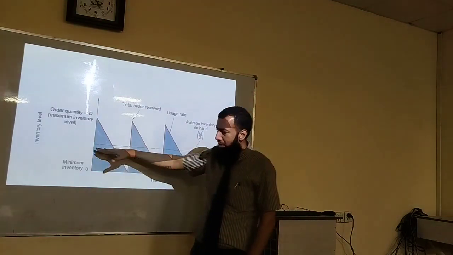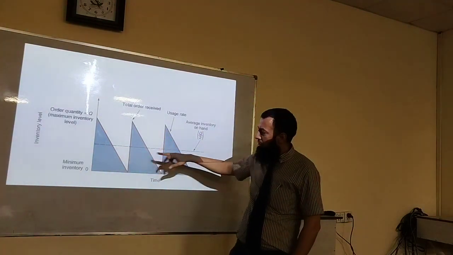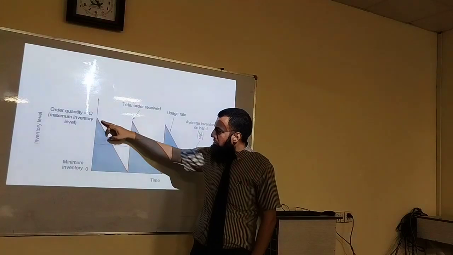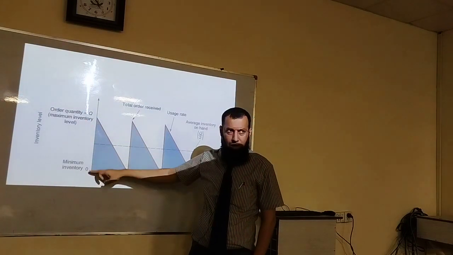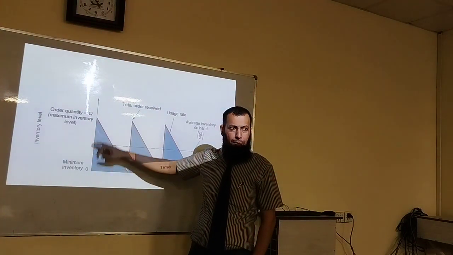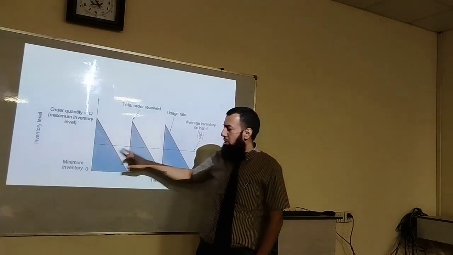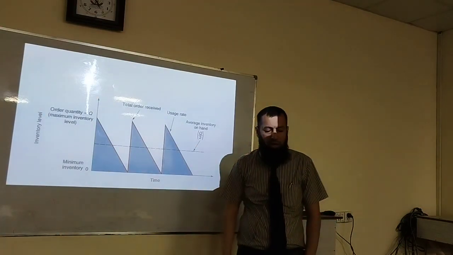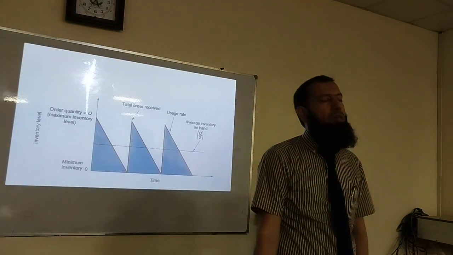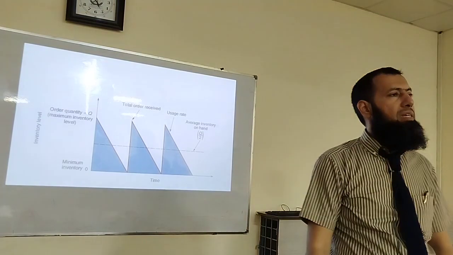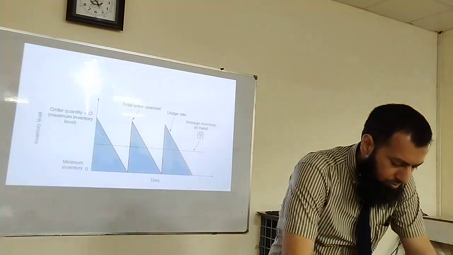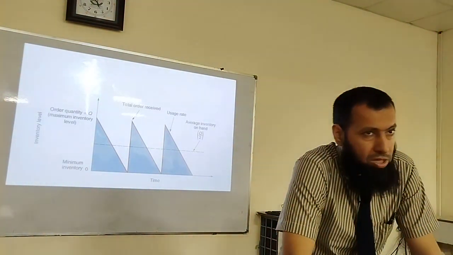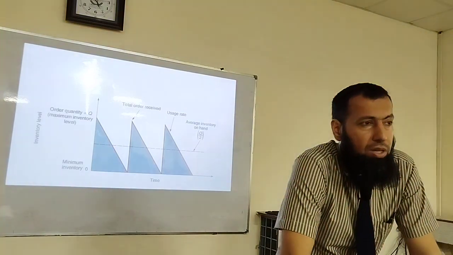So overall the average inventory is Q by 2, because if you see the quantity over here and the quantity over here, they are both the same. Okay? So Q by 2 is the average inventory. When you talk about the average inventory annually, Q by 2 is the formula. Any problem with this? I am repeating.